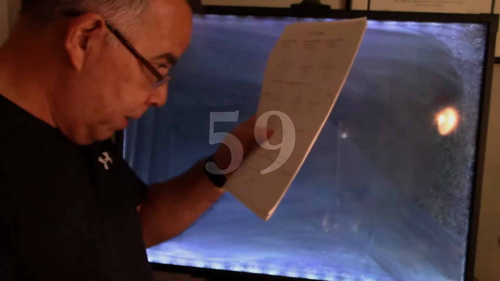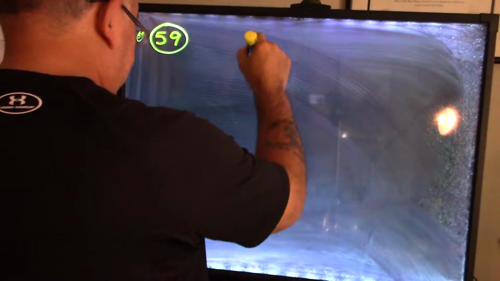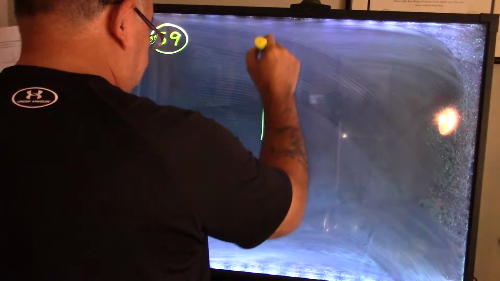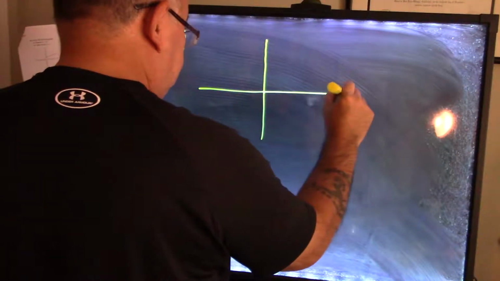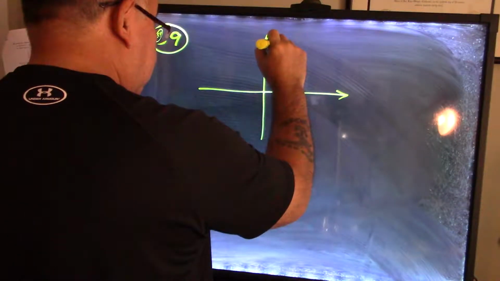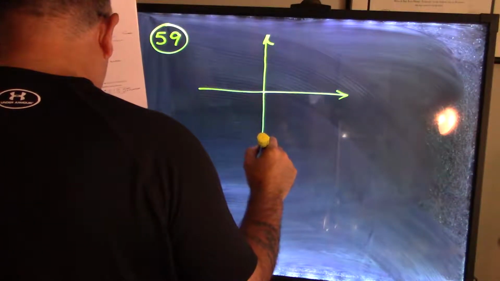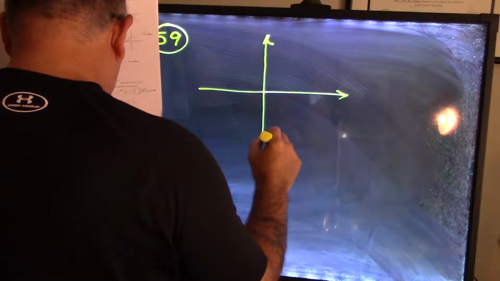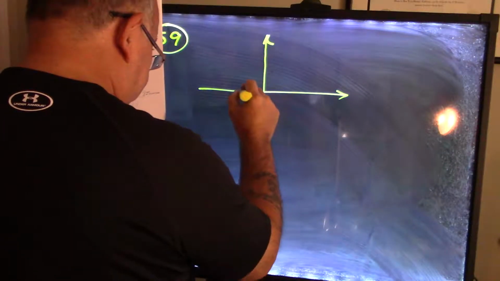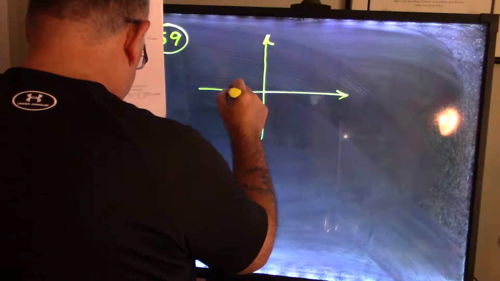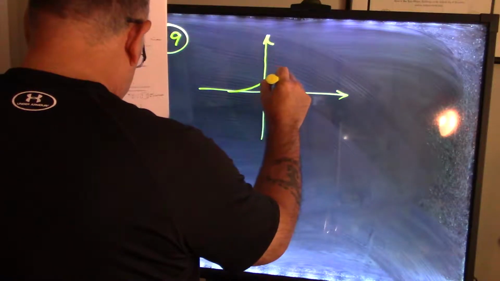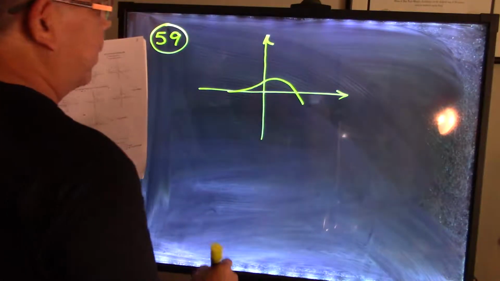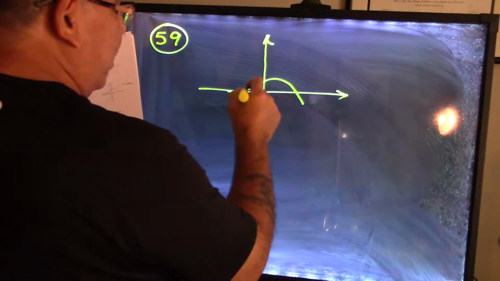Number 59, is this one-to-one? Again, another rough sketch. I'm not going to bother with the labeling of the axes, but I just want the general shape. It kind of does this and then comes down. Well, it's a function.